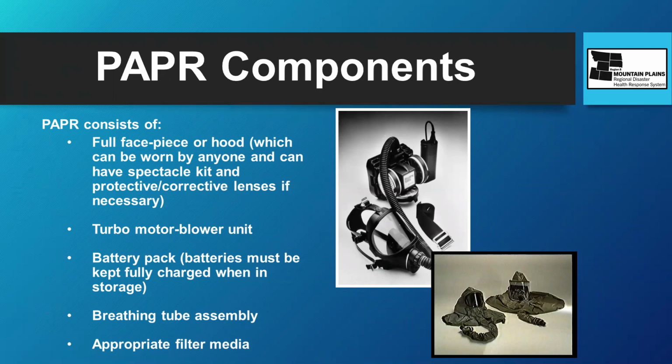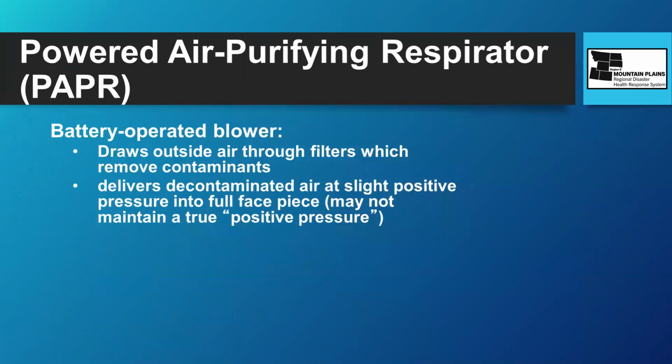And in the event you do lose the seal on your facepiece or the hood, the fact that it's blowing filtered air into it provides protection because it'll blow air out instead of allowing you to breathe contaminated ambient air in. And this slide is just what I said.